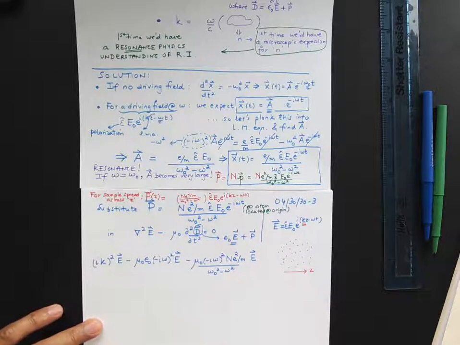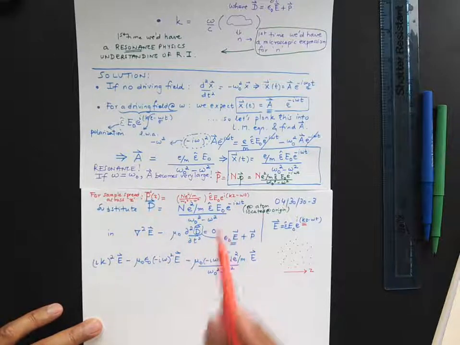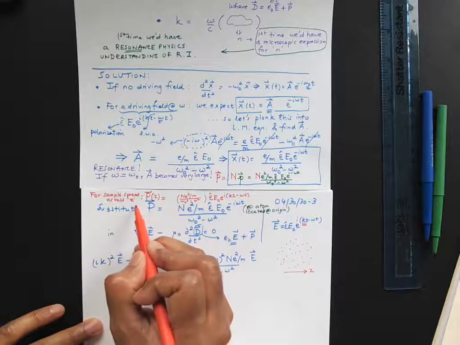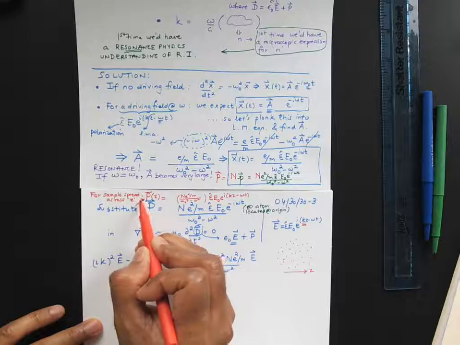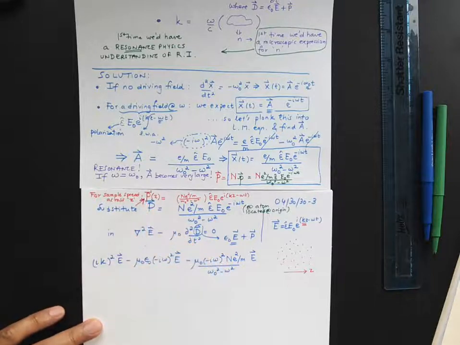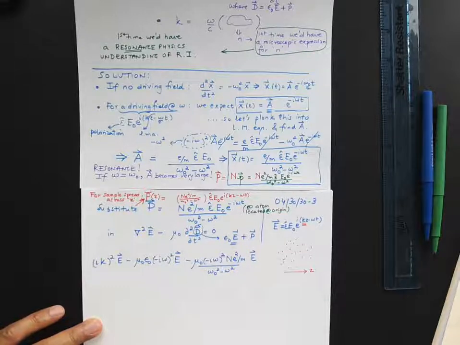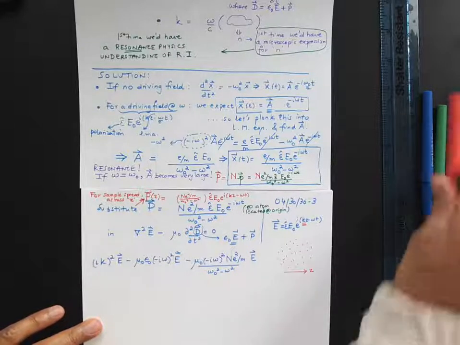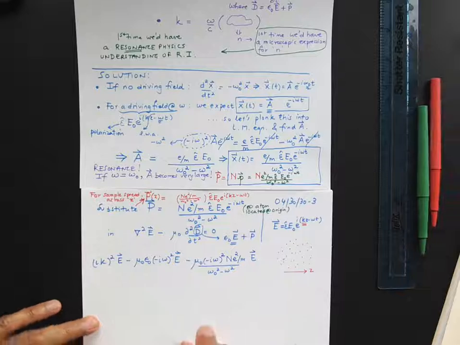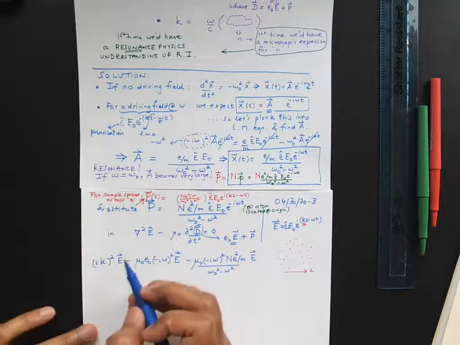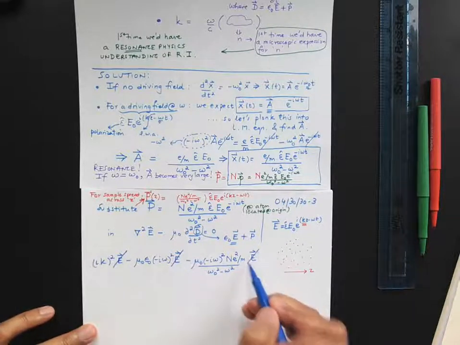All right, so now I substituted this into the wave equation here, and I get this. What you notice is that the E cancels everywhere.